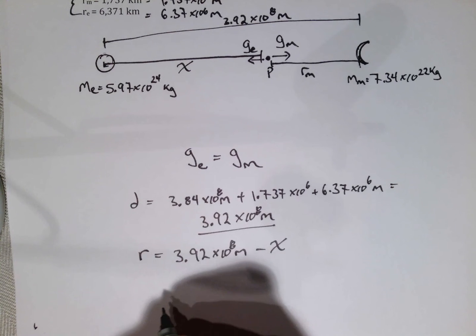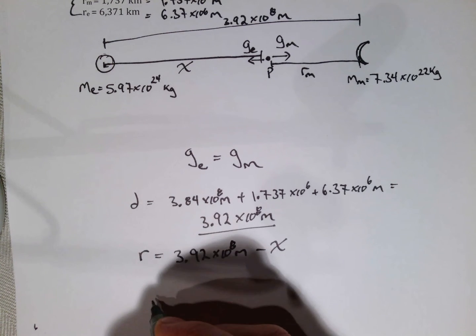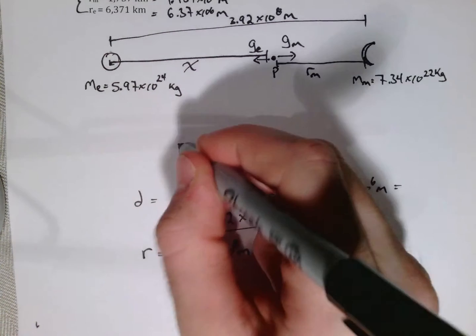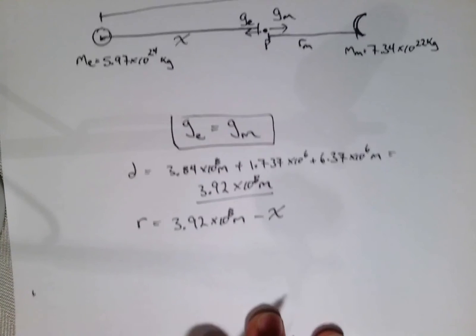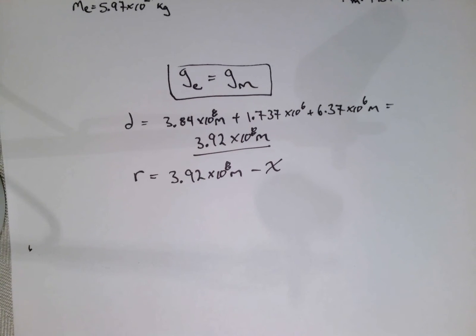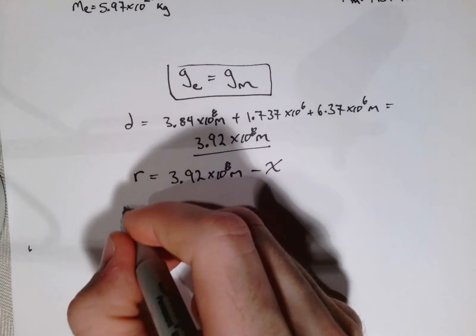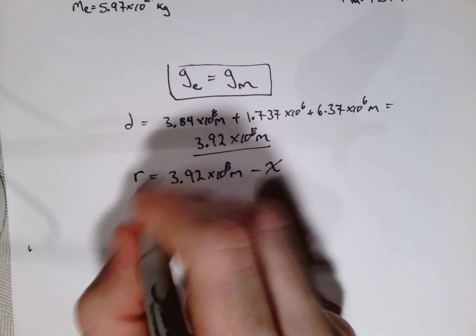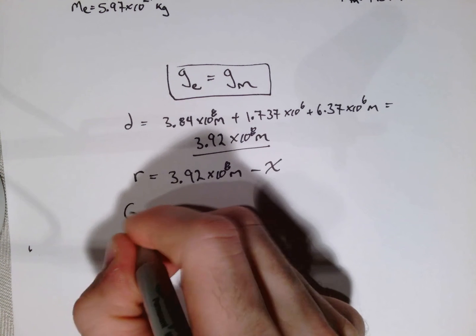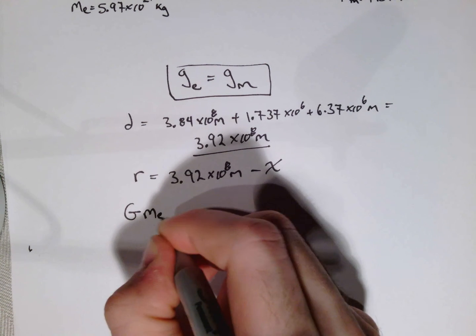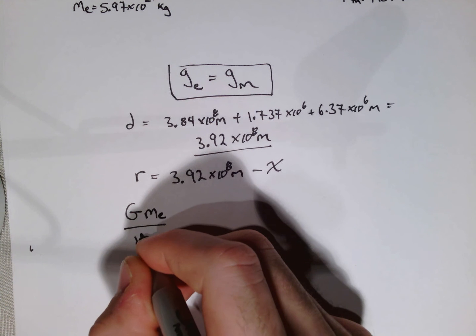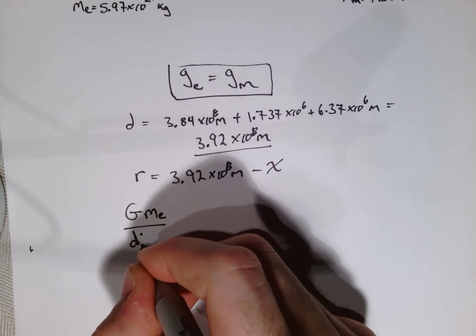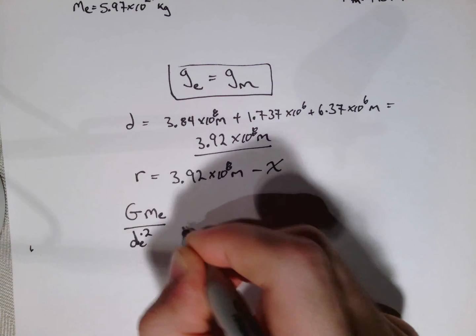Moving on from there, we now have to go back to our equation here. And let's write this out in a bit more detail, moving the diagram out of the way for now. G of Earth can be written as G, capital G, times the mass of Earth over the distance from Earth to this point squared.